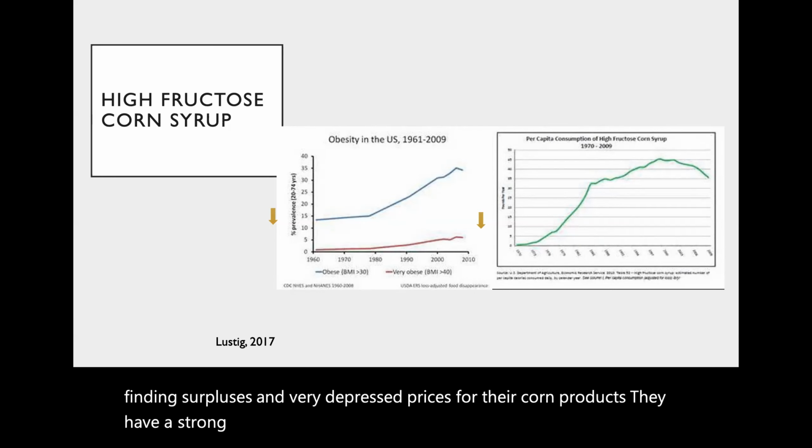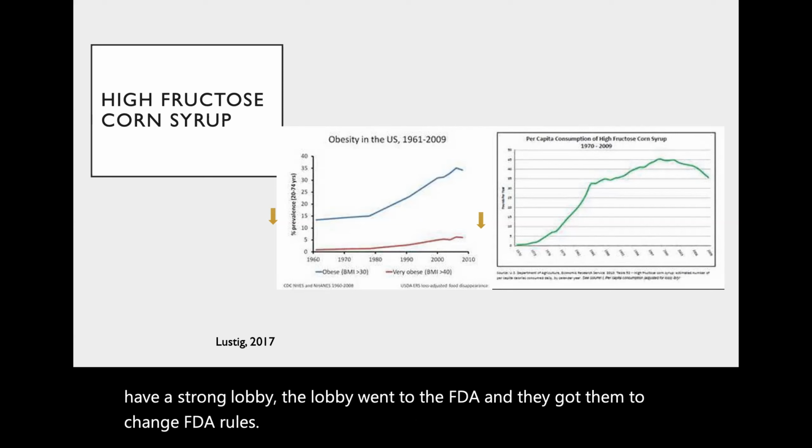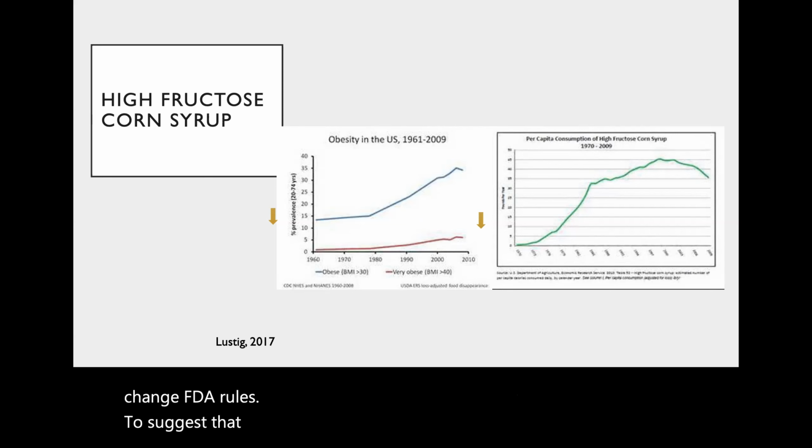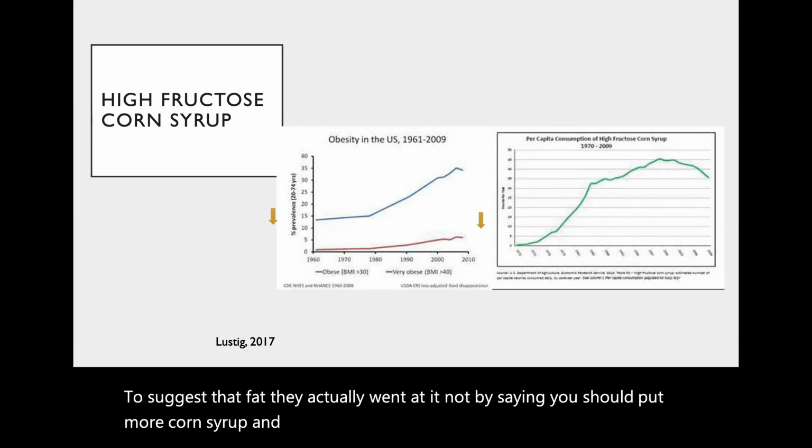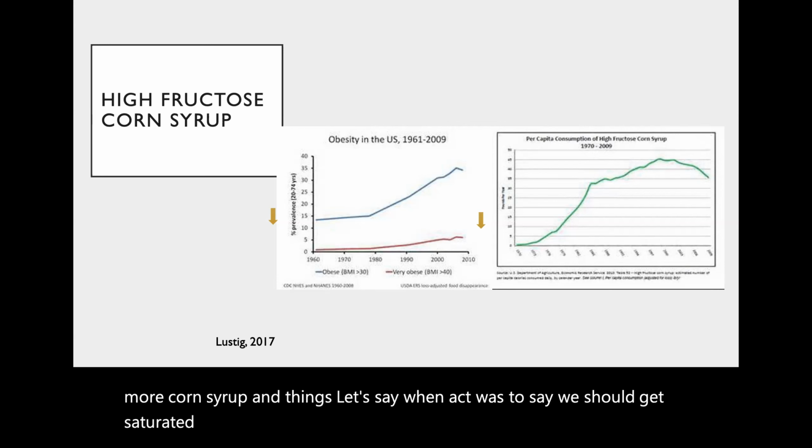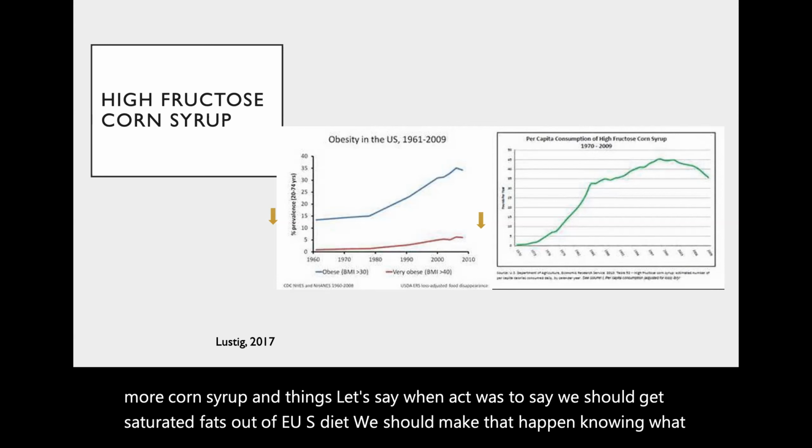The lobby went to the FDA, and they got them to change FDA rules to suggest that fat, they actually went at it not by saying you should put more corn syrup in things. What they went at was to say we should get saturated fats out of the US diet. We should make that happen, knowing what would happen next, or at least suspecting.